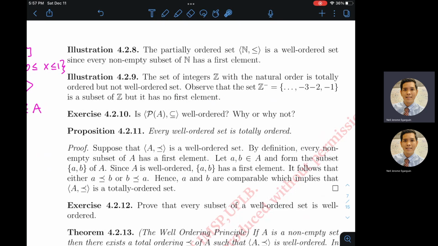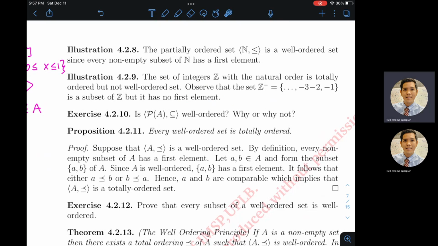So wala kang makikitang first element sa set Z, and much more with any of its subsets or most of its subsets. All right? So dahil merong mga subsets si Z na walang first element with respect to the natural order, then we say that Z is not well ordered.